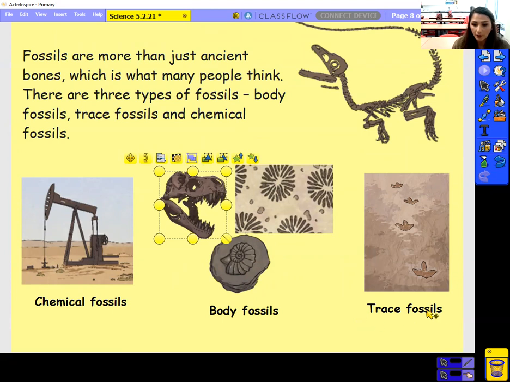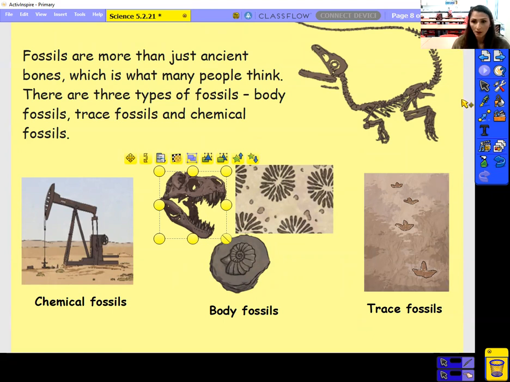And then we also have trace fossils as well. Now, this usually tends to be things like footprints, fossilized footprints that have been there for millions of years, and people have discovered them. Paleontologists have discovered them.